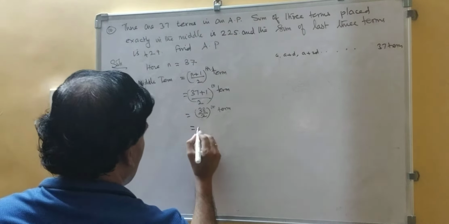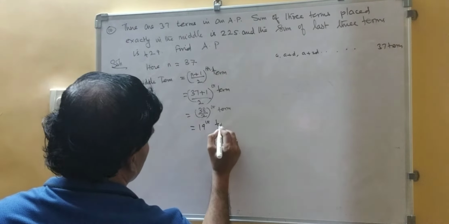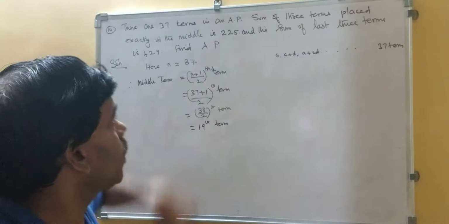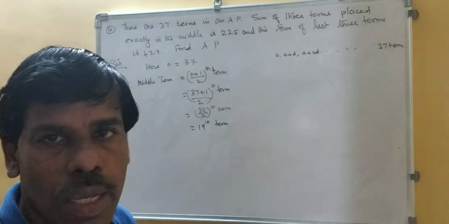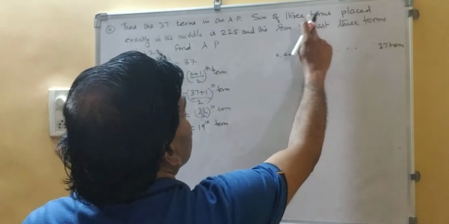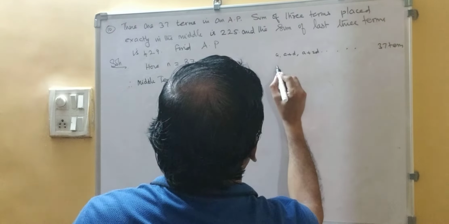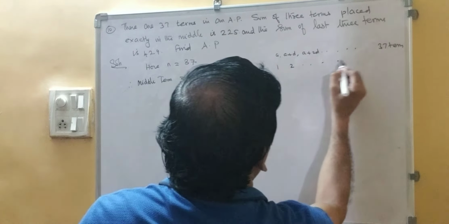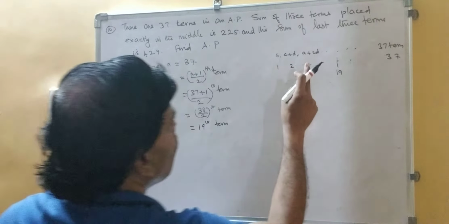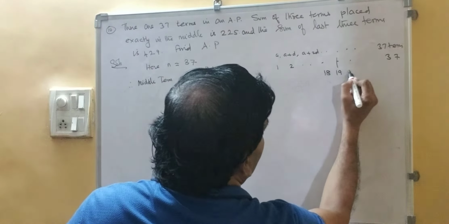That means 19th term. Okay. Now see, there are 37 terms in an AP. What is the middle term? 19. They are telling sum of 3 terms. So here 18, here 20.